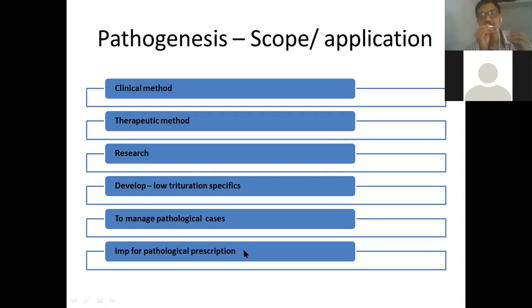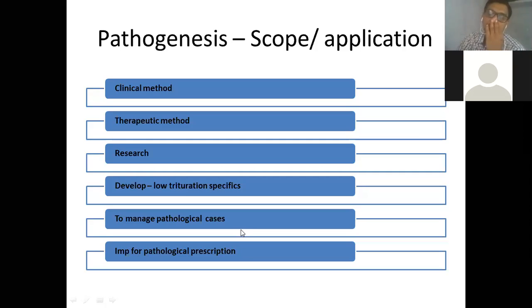This kind of thought process has resulted in a pathological prescription school, which is based mainly upon this terminology, the pathogenesis. The more thoroughly you have the knowledge of pathogenesis, the better physician you will be in this pathological type of prescribing. And why is this pathological prescribing required? To manage certain pathological cases, it is really helpful.